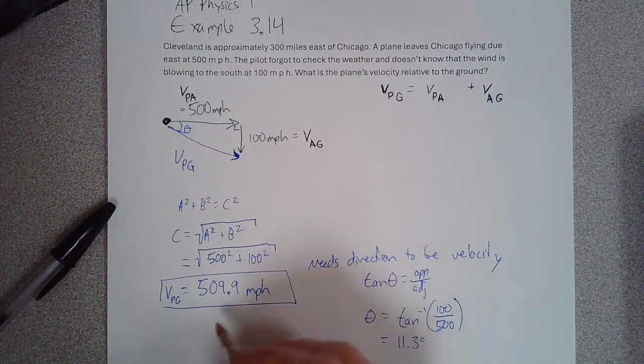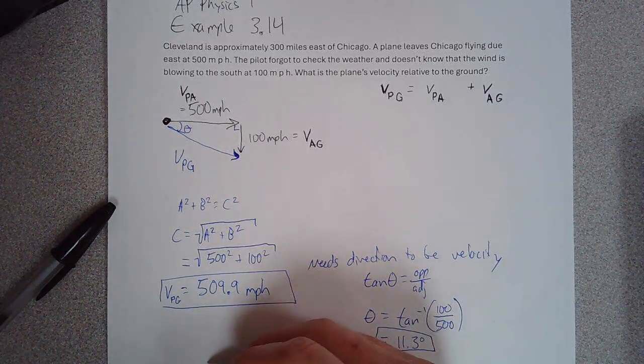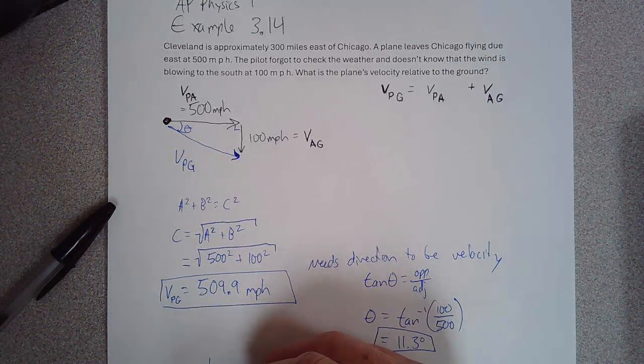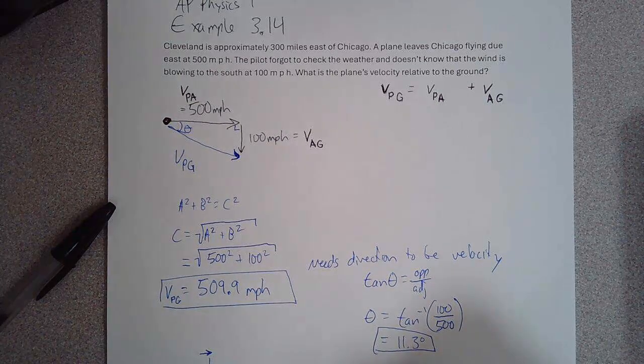Okay, so the final answer, all told, would be the velocity of the plane relative to the ground. I'm even going to throw the arrow up here to make doubly sure I know that's actually a velocity.